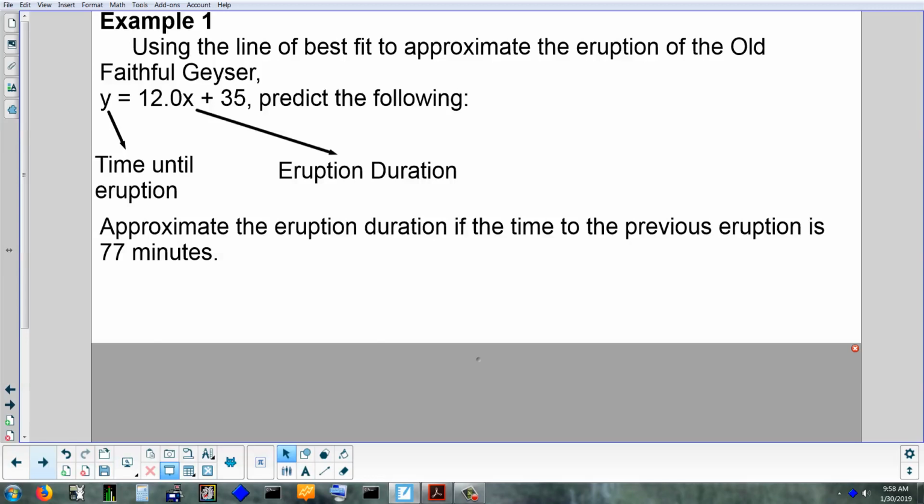Based on what this tells me, which variable do I know, the y or the x? Did it tell us how long in between eruptions or how long the eruption took? That's 77 minutes, right? What does that represent? How long the eruption took or how long in between?